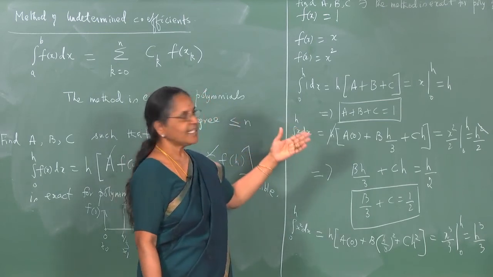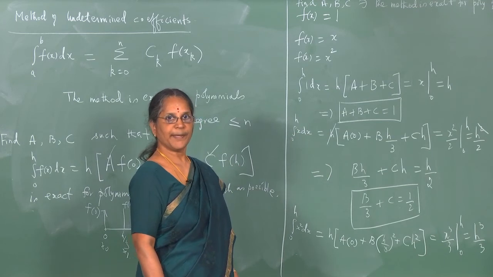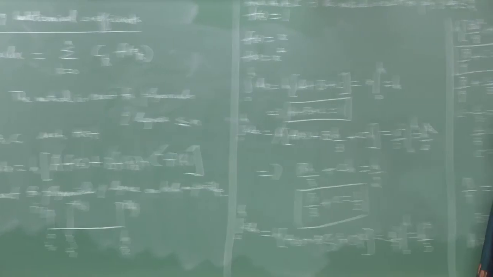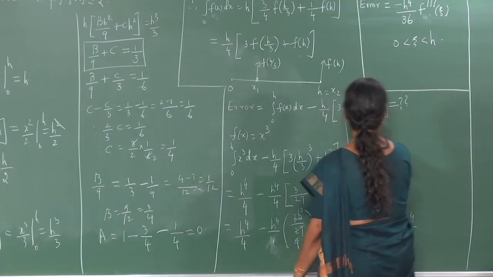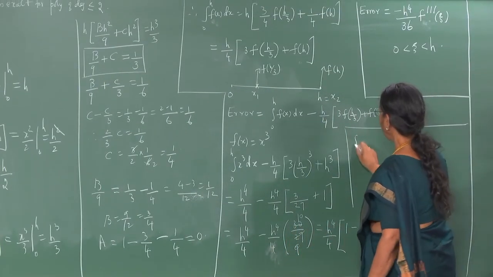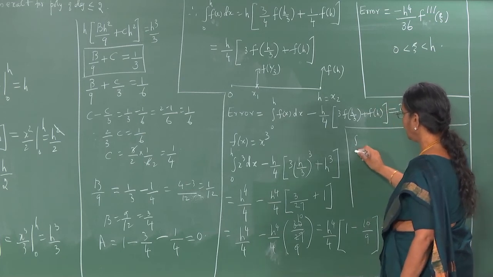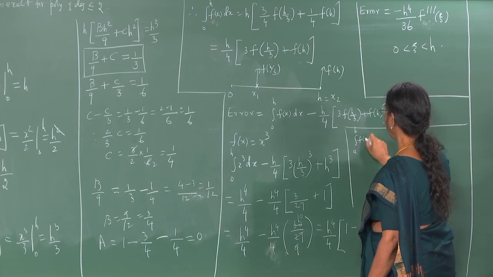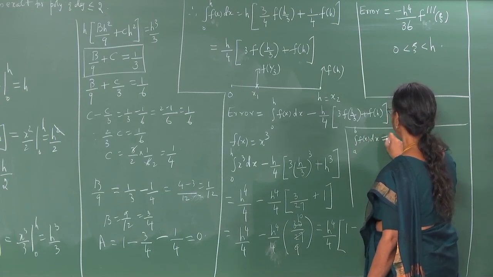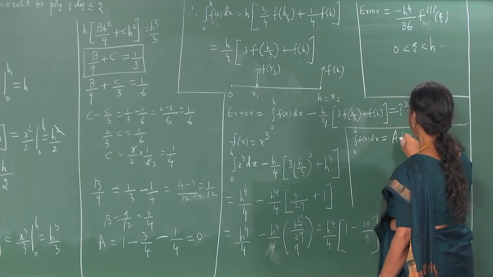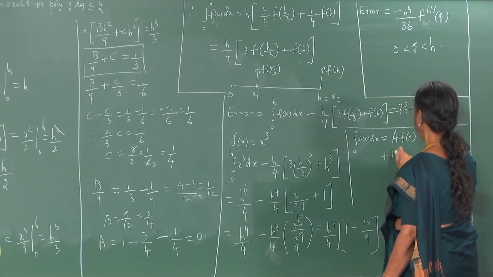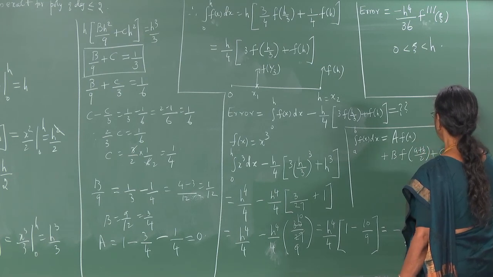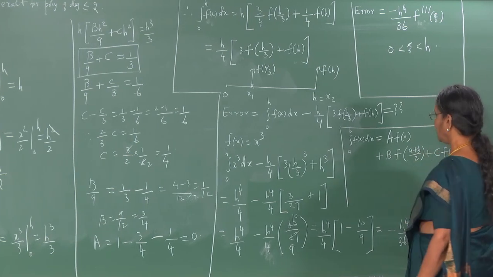So, using method of undetermined coefficients, we have been able to derive an integration method where the nodes need not be equally spaced. Now you can try to see what happens if you want a method of the form, say integral a to b f of x dx, such that it is capital A times f at a plus B times f at a plus b by 2 plus C into f at b.